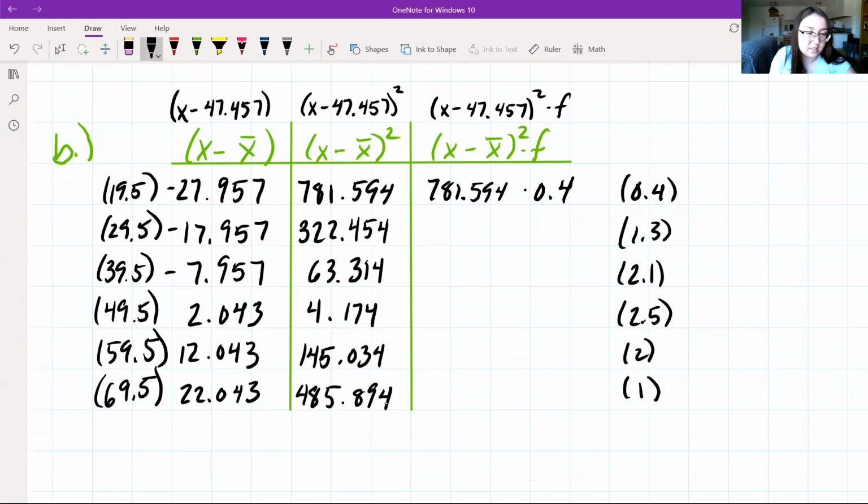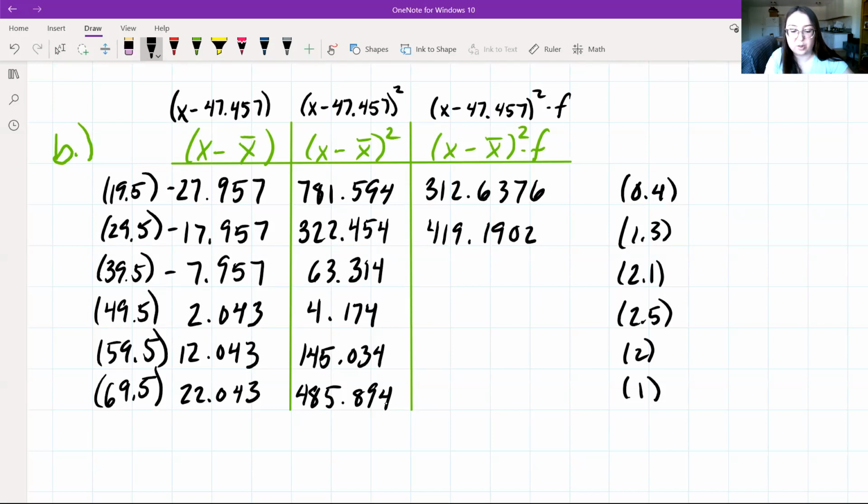When we do this, this value is going to be 312.6376. Then we'll do the same thing for our second row here. We'll take 322.454, multiply by 1.3. It's going to be 419.1902.